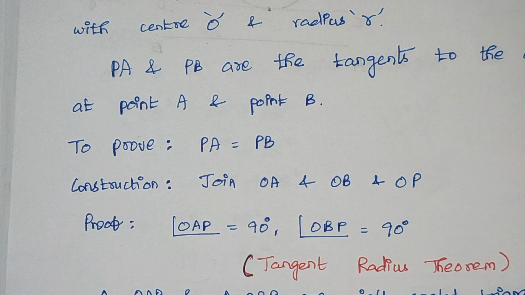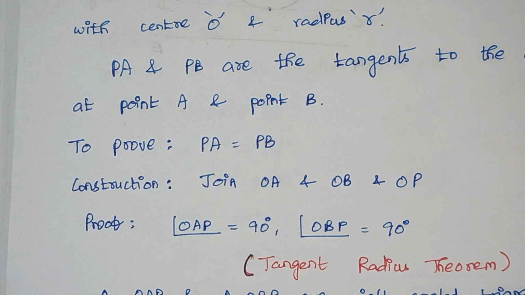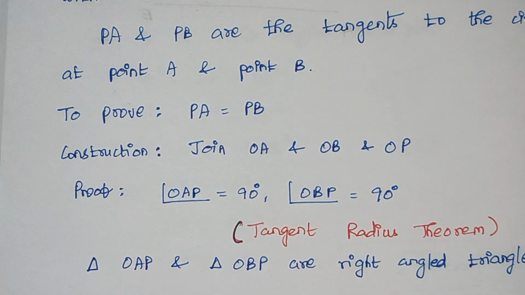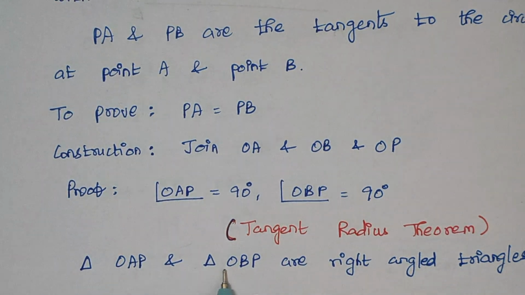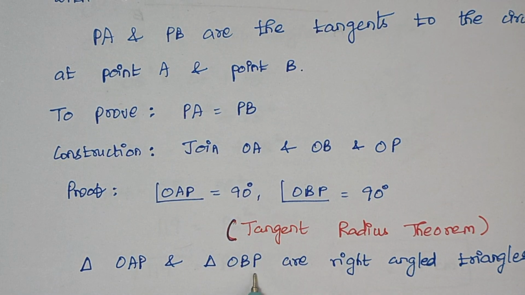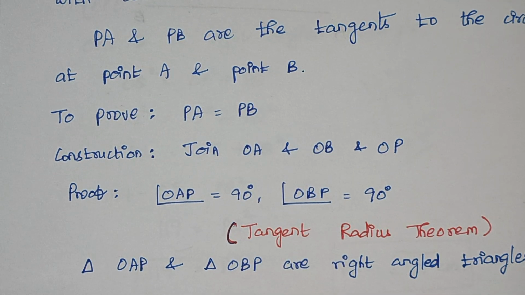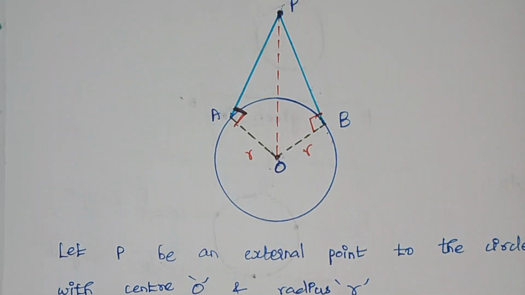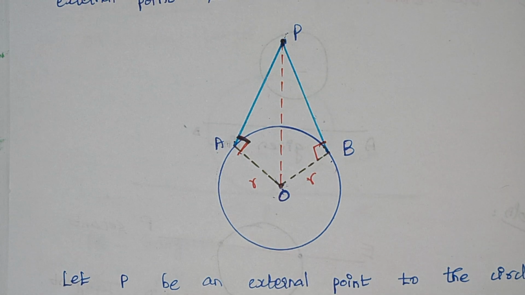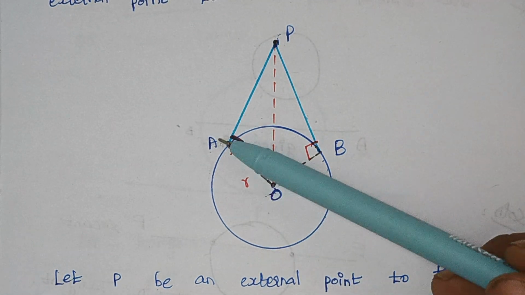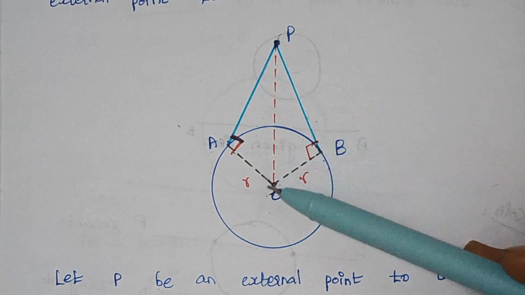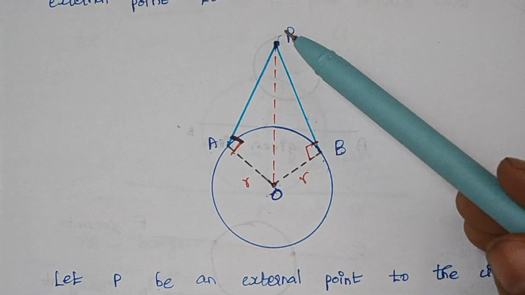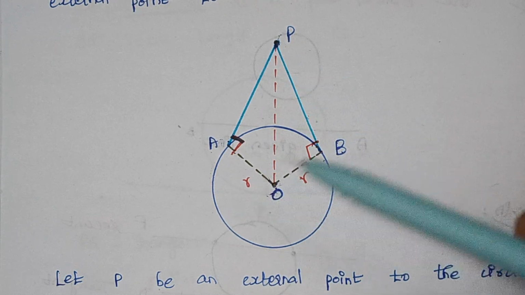Now the next thing is we are going to consider the right angle triangles OAP and OBP. Let us examine what the two triangles are. The triangles are OAP, which is one triangle, and OBP, which is another triangle.